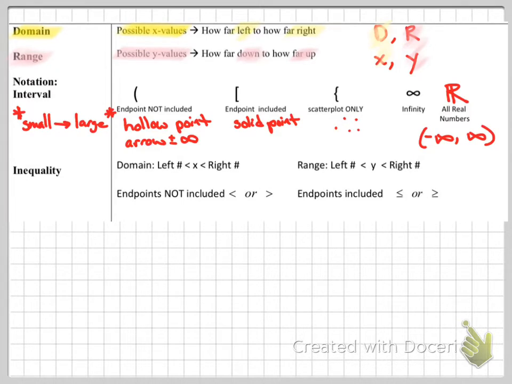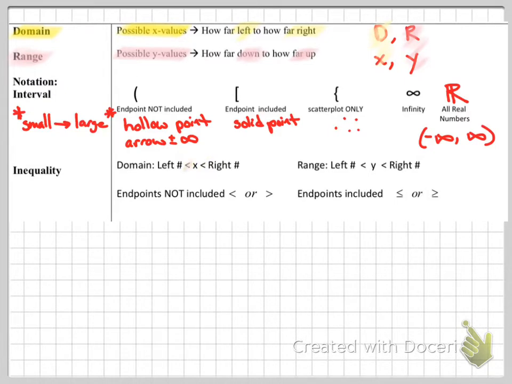We can also answer domain and range in inequality notation. You start with the left, and then you want to use less than, and then X is in the middle, and then the next less than. If it's not included, I should make those colors match. So let's go orange.